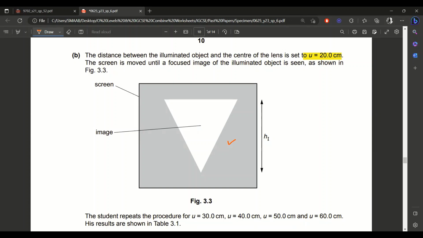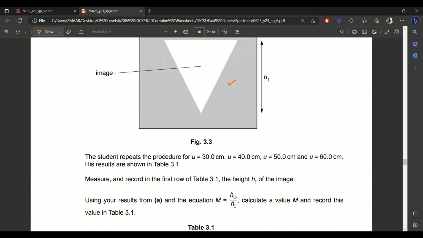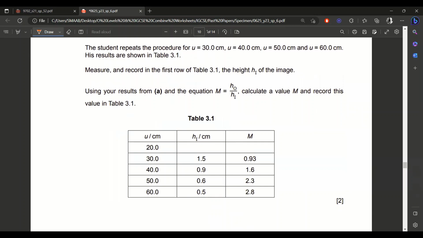And HO is the height of the object and HI is the height of the image. So the student repeats the procedure for U equals 30 and U equals 40, 50, 60, and his results are shown in table 3.1.